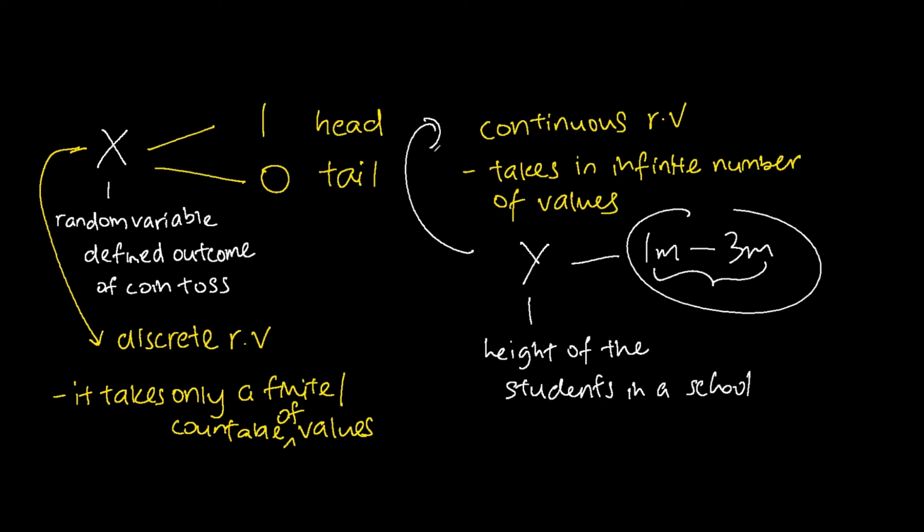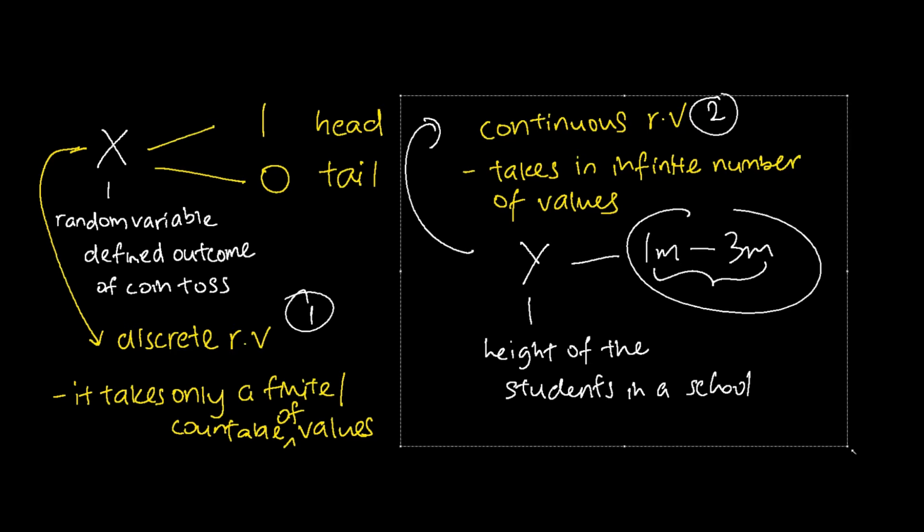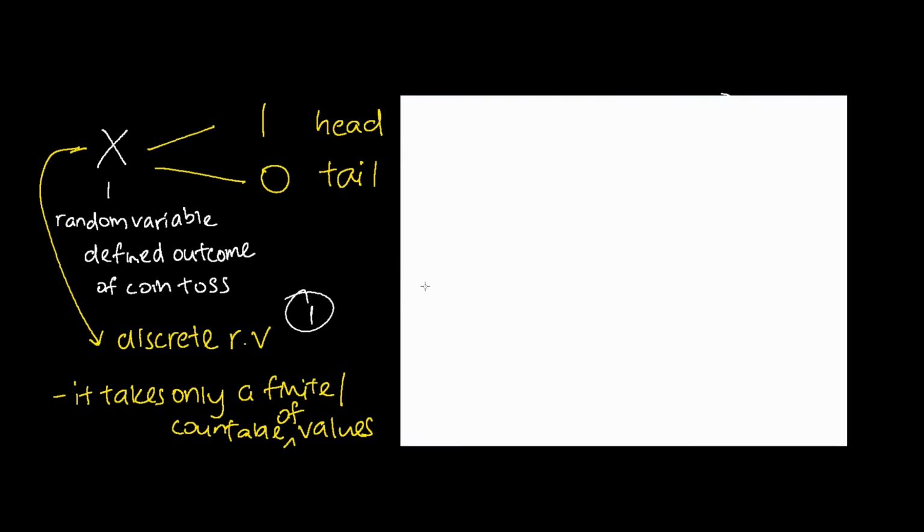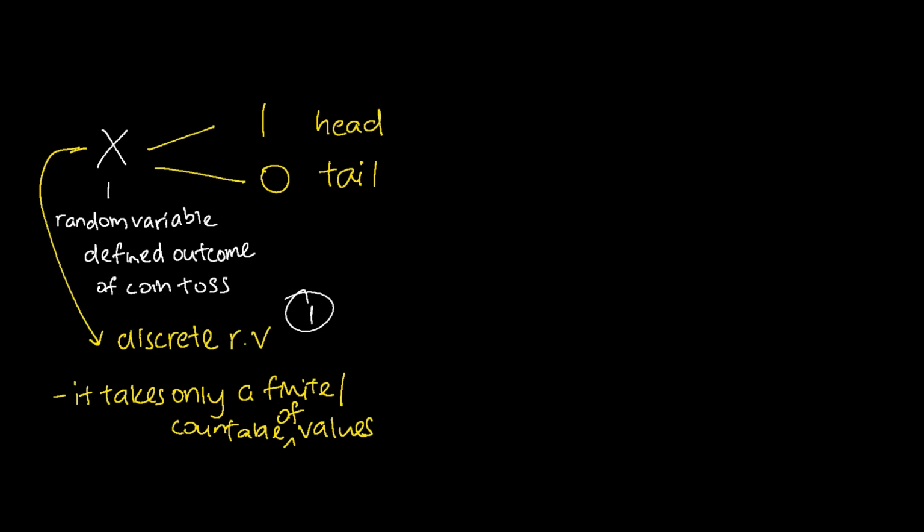So for random variables, there are 2 types. Number 1 is a discrete random variable, which takes on only a finite countable number of values. Number 2 is a continuous random variable, which takes on an infinite number of values. We also talked about how for each outcome of the random variable, we assign a probability, and the sum of the probabilities of all outcomes equals 1.